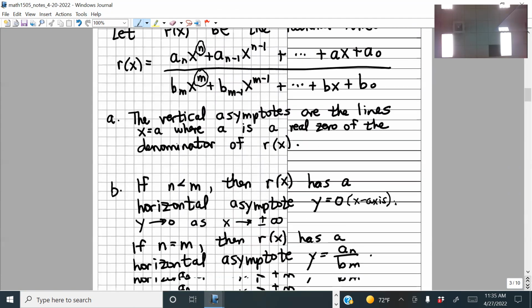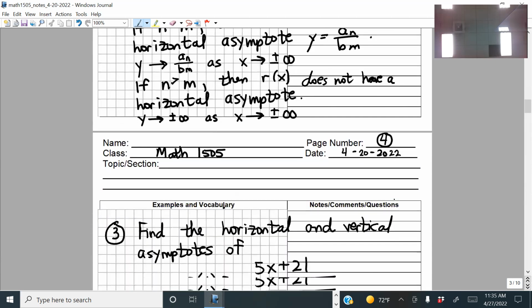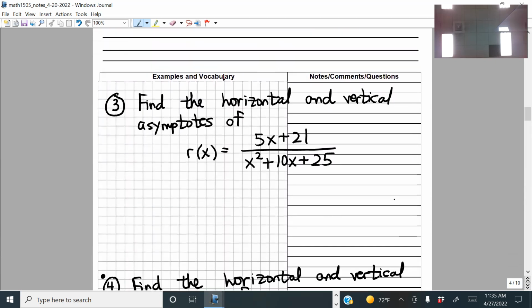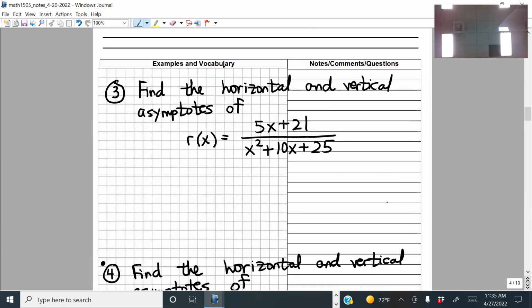Well, let's try just a couple more examples here and see what we can discover. All right, so let's see if we can find the horizontal and vertical asymptotes for this rational function. Let's write down everything. In fact, let's write down what we can about this rational function. So first, let's write down what the y-intercept is going to be. What is the y-intercept going to be here?